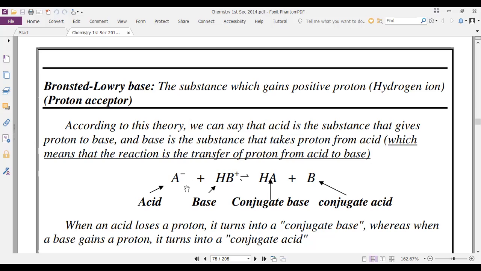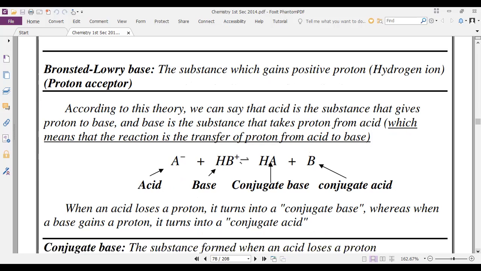After losing this proton, acid will change into conjugate base, and base will change to conjugate acid. Okay, Mariam?